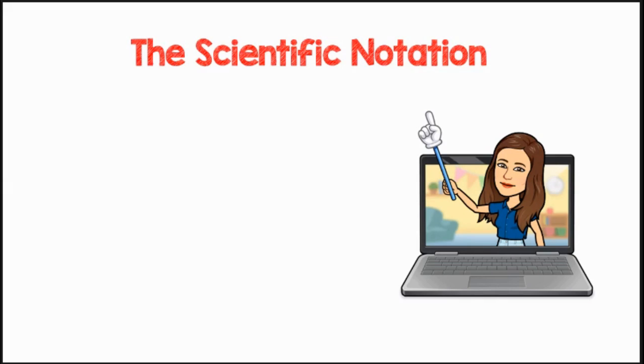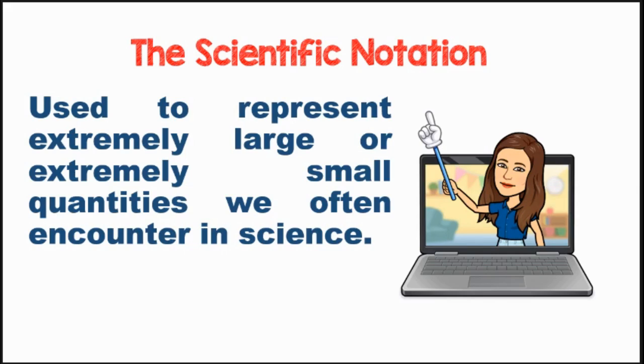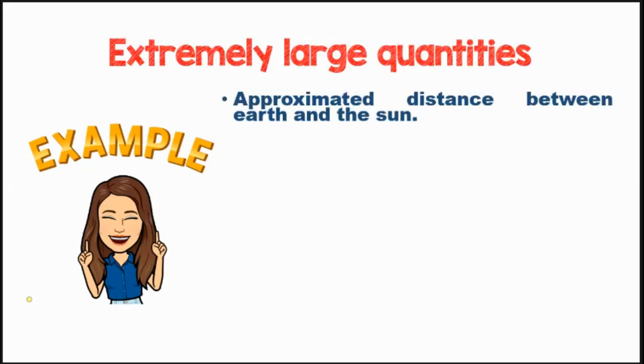So when do we use scientific notation? It is used to represent extremely large or extremely small quantities we often encounter in science. Let's look at some examples of extremely large and extremely small quantities.